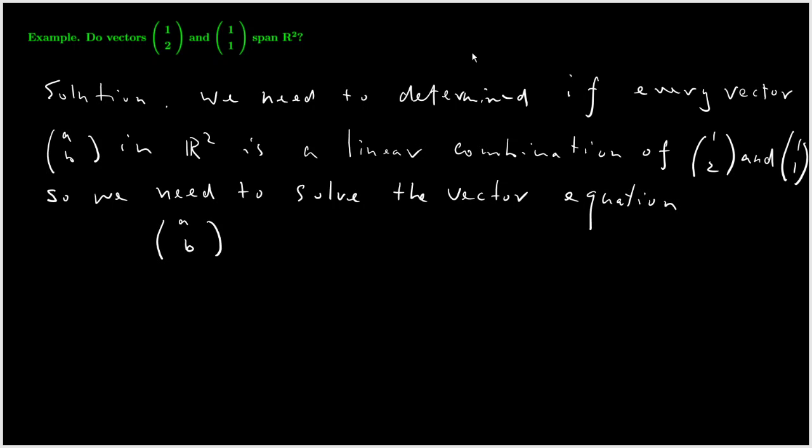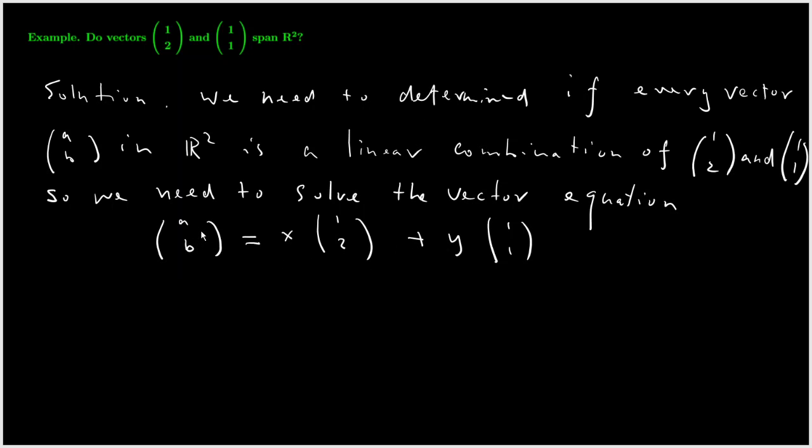You want to check if the vector with two components (a, b) is a linear combination of the given two vectors. You want to see if you can find two numbers x and y such that the vector is the number x times (1, 2), that's a scalar multiplication, right? And then plus another number y times the second vector, which is (1, 1), right?